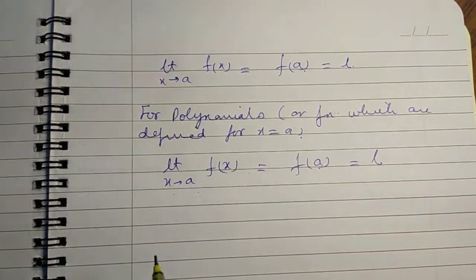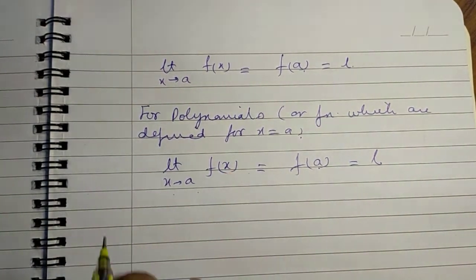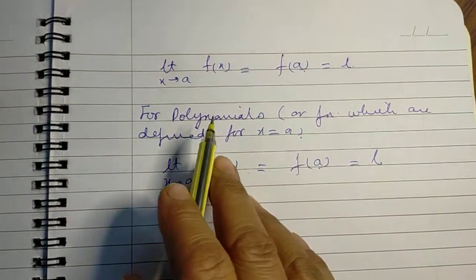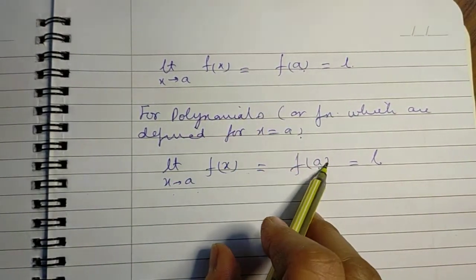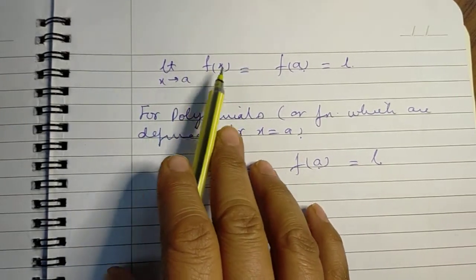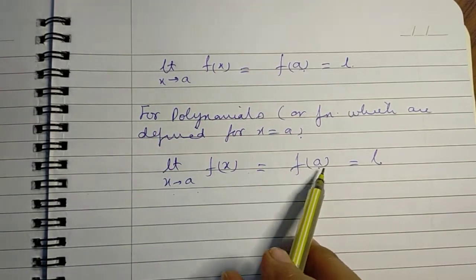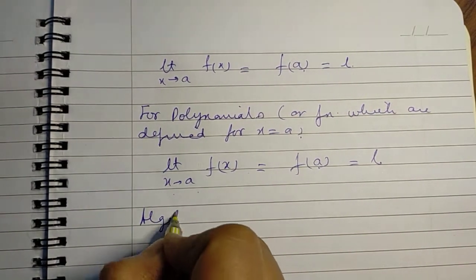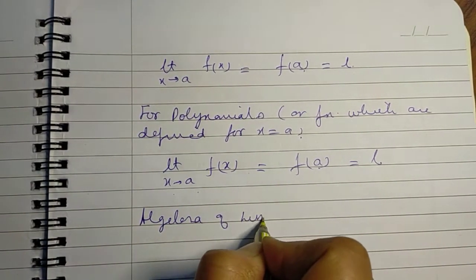Their use is maximum when the function is not defined at a particular point. For all the points for which the function is defined, the limiting value is simply the value of the function at that point.